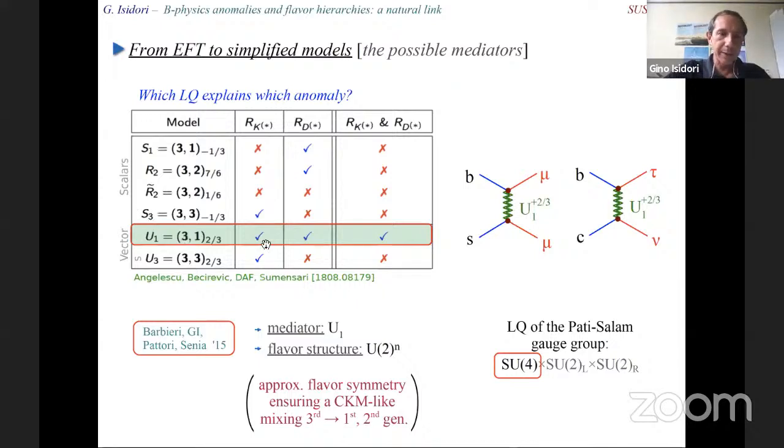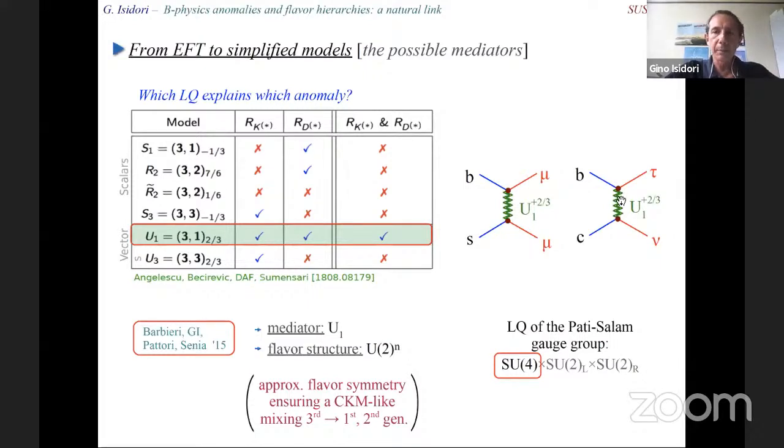There is only one candidate that emerged as a single mediator, which is this U1 leptoquark, the leptoquark of the SU(4) group, the Pati-Salam group, and we identified this already in 2015 with Riccardo Barbieri and collaborators. This is really nice because it can have exactly this U(2) structure. We can implement it in a natural way, and it has the virtue of affecting directly the anomalies and nothing else.